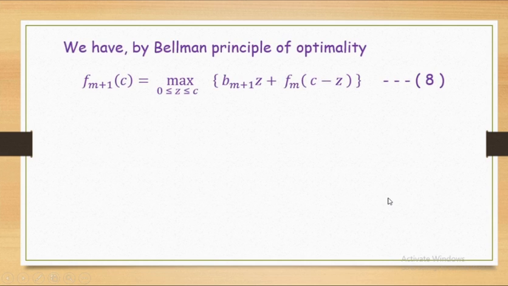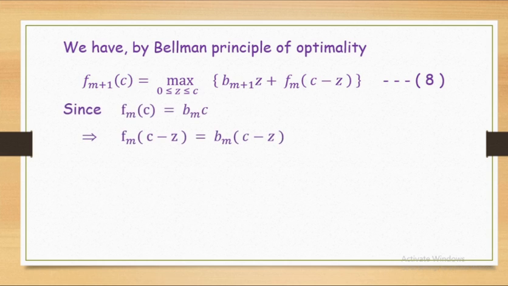We have, by Bellman principle of optimality, f(m+1) of c is equal to the maximum over 0 less than or equal to z less than or equal to c of b(m+1) of z plus fm of c minus z. Equation number 8.